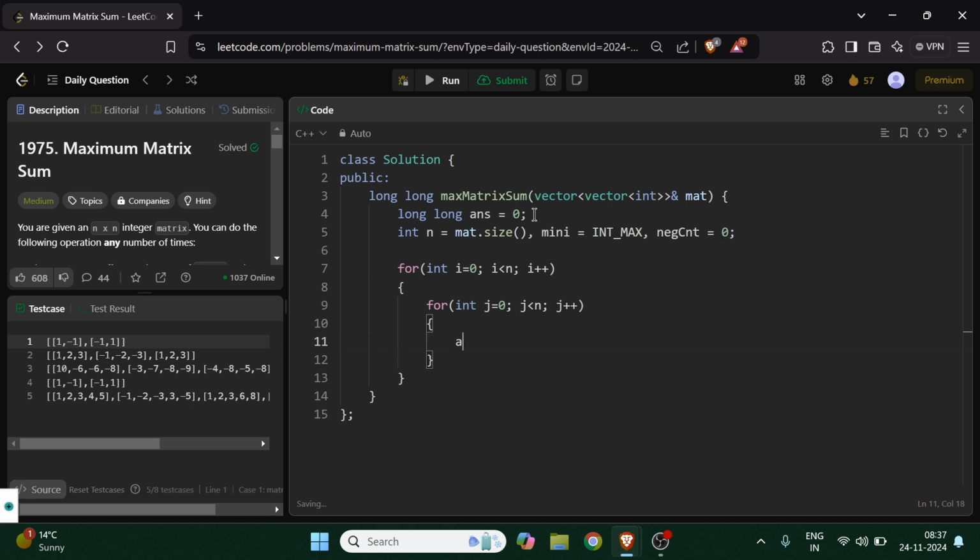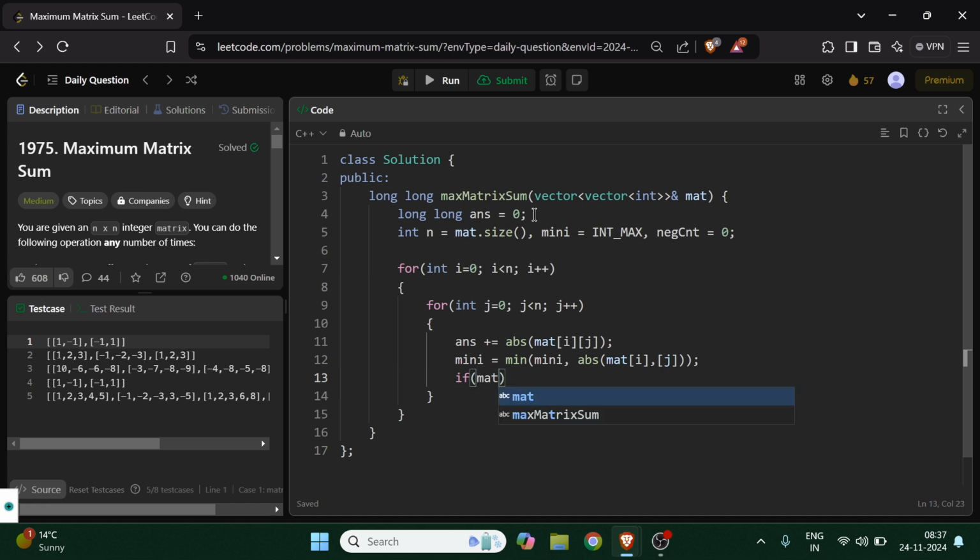Initially let's add all these values to our answer with positive value only, so the absolute of mat[i][j] we have added. Now we also need to calculate the minimum value, so this should be mini, or if this value is smaller, let's update it. And finally, if this value is negative, let's increase the count for negatives. So if this is less than 0, increase the neg count.